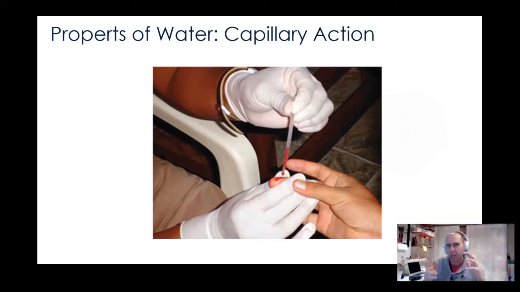Now, the other place where this is incredibly important is in plants. So, you think about trees that are hundreds of feet tall, and they need to get water and nutrients up to their leaves at the very top. Plants don't have a heart to pump anything. But what they do have are very, very narrow tubes.